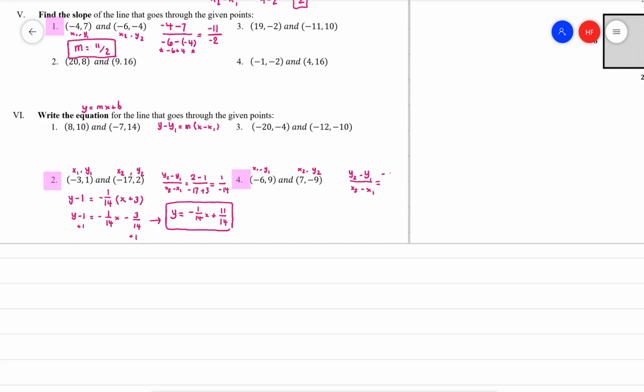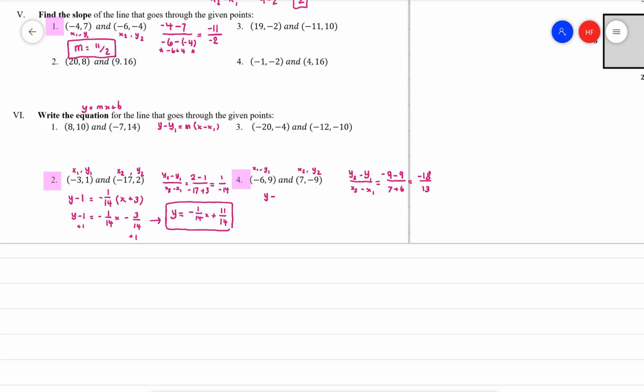So y2 is negative 9 minus 9 over x2 7 minus negative 6. Negative 9 minus 9 is negative 18. 7 plus 6 is 13. It's got some funky fractions. So negative 18 over 13 will not reduce, so we'll just use that as it is.